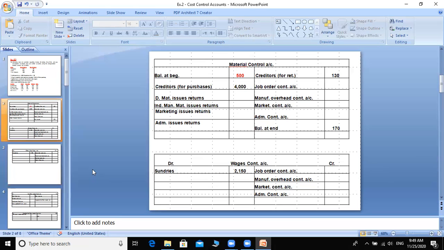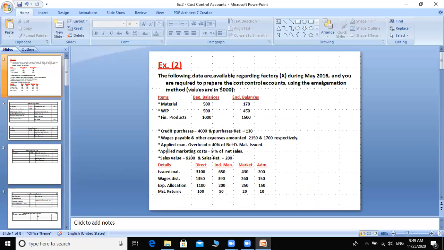Okay? Now, applied manufacturing overhead, 40% of net direct material issued. Direct material issued, 3,100. But there is material return, direct material return, 100. So the difference between 3,100 and 100, 3,000.